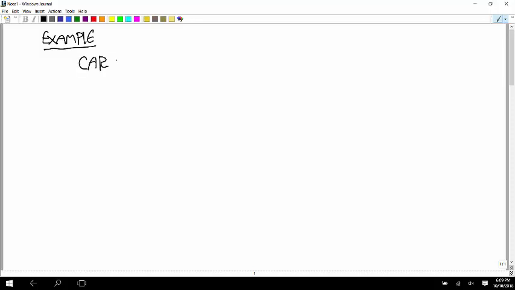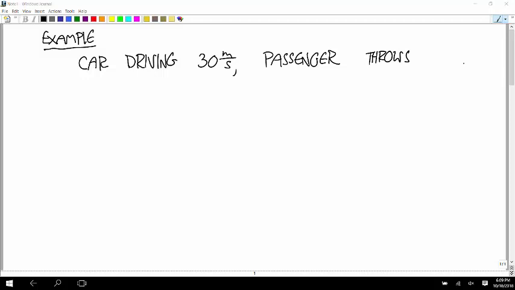A car is driving at 30 meters per second, and a passenger throws a ball straight up.